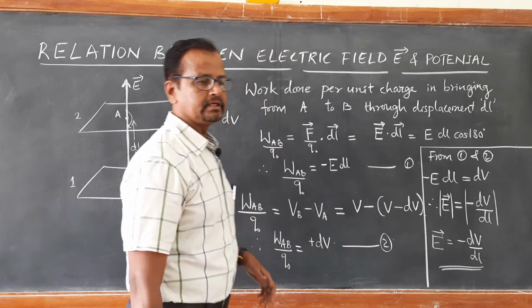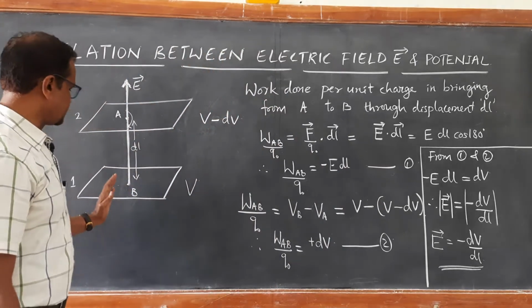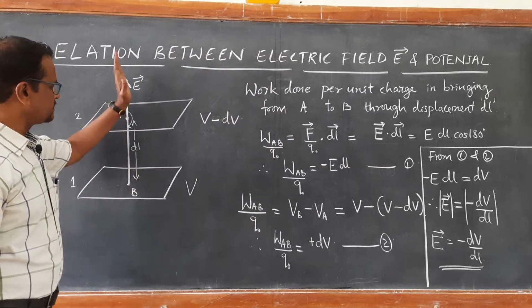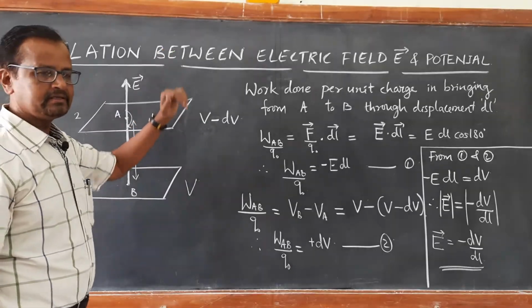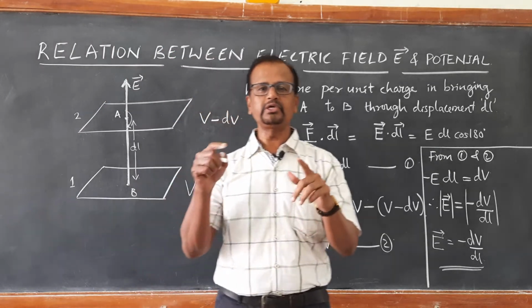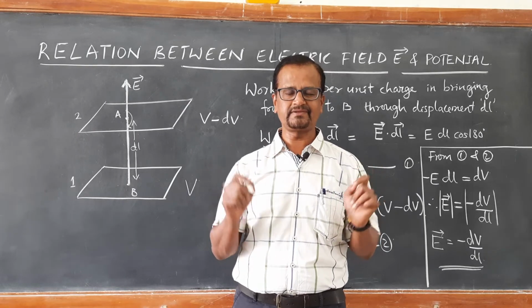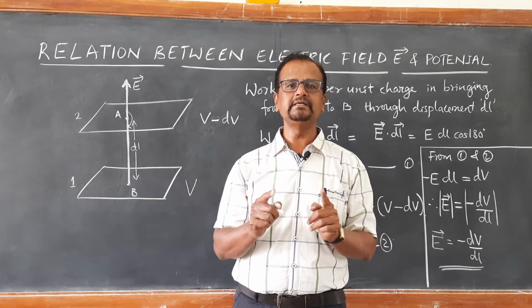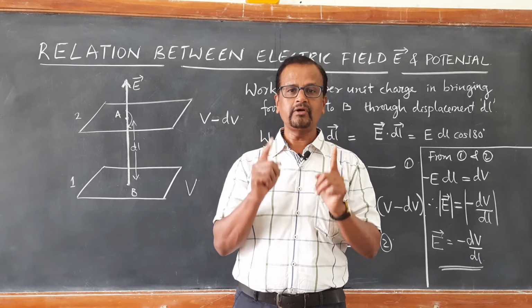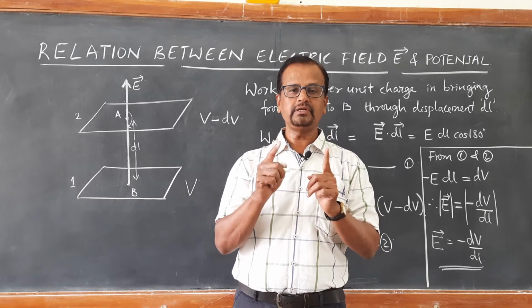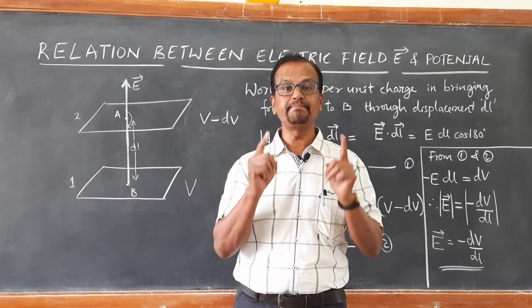And one more important thing, as I have stated, electric field will always be directed in such a way that the potential drops steepest. The electric field is in that direction along which the potential decreases steepest.